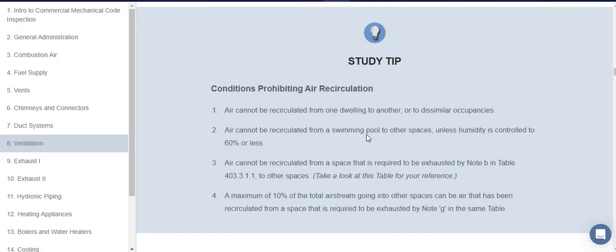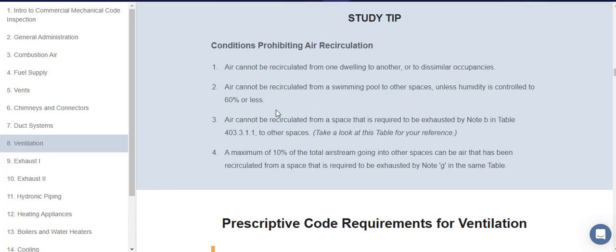Study tip: conditions prohibiting air recirculation. Air cannot be recirculated from one dwelling to another or to similar occupancies. Air cannot be recirculated from a swimming pool to other spaces unless humidity is controlled to 60% or less.